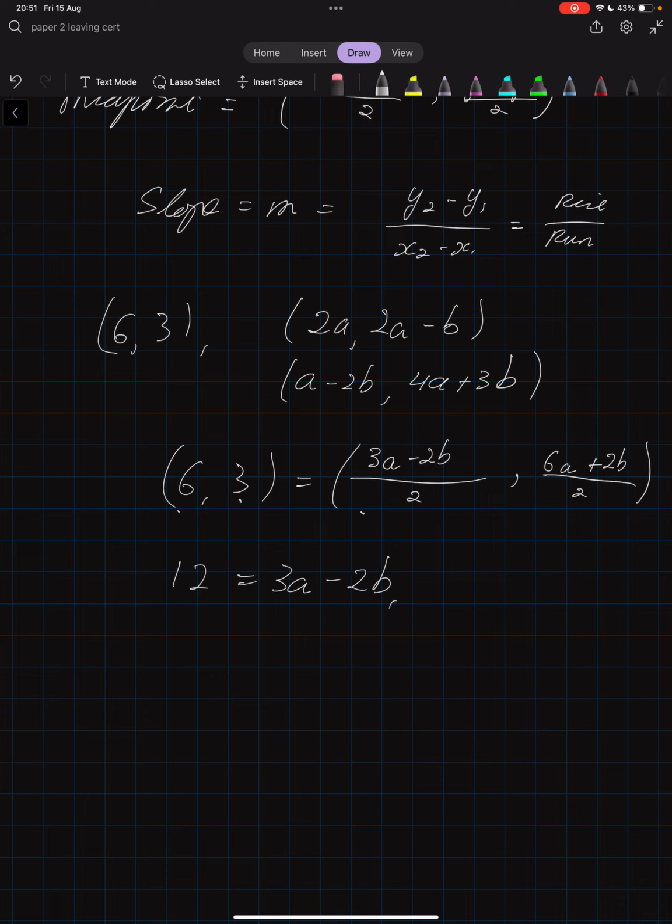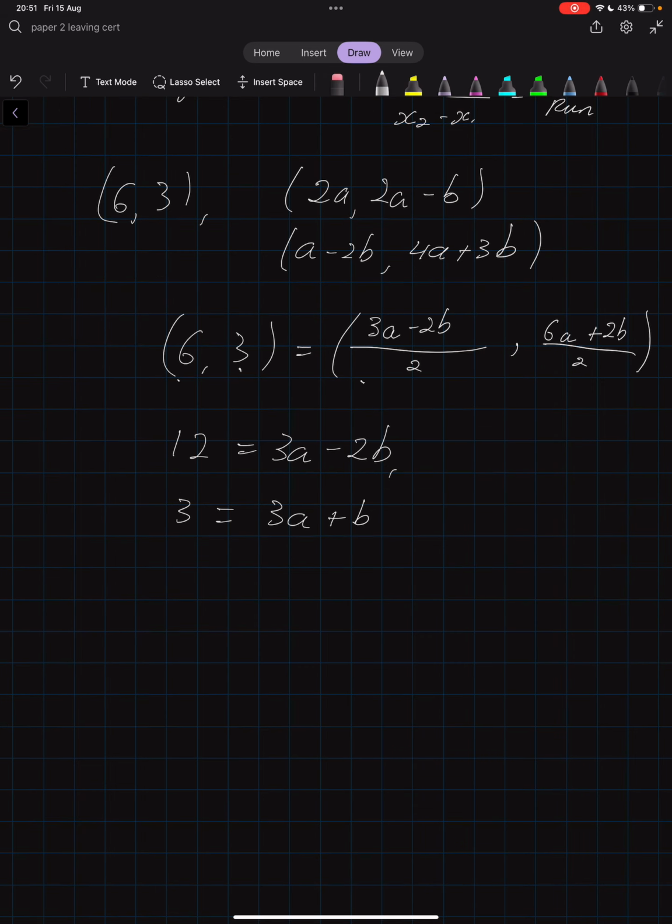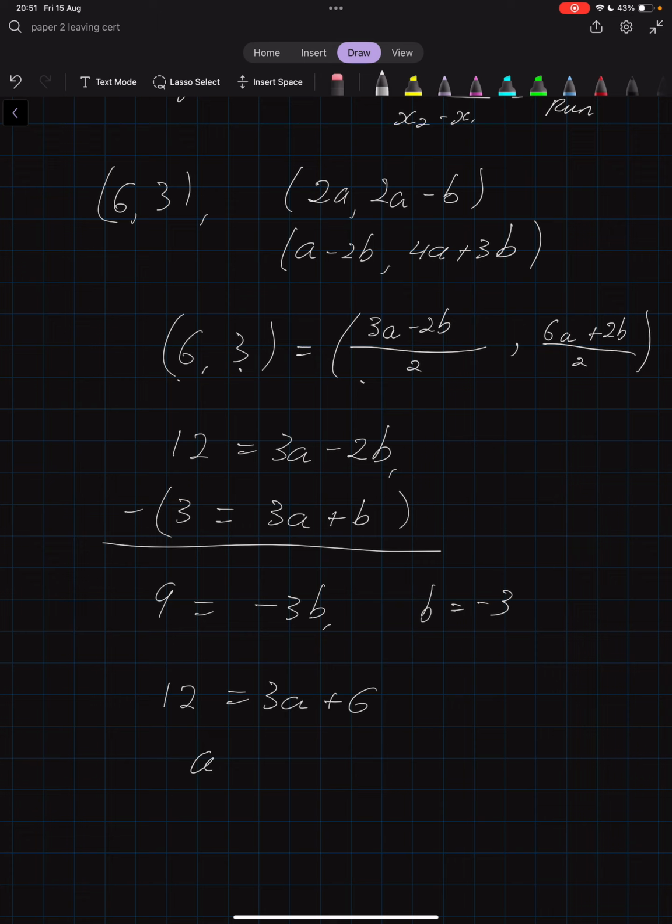My other equation, if I divide, I get 3 is equal to 6A divided by 2, which is 3A plus B. Grand. I can now subtract these equations from each other and get 9 equals 3A minus 3A, which is 0, minus 2B minus B, which is minus 3B. So B equals minus 3. Plug it back into the top equation, I get 12 equals 3A plus 6. So A equals 2, B equals minus 3. Great.